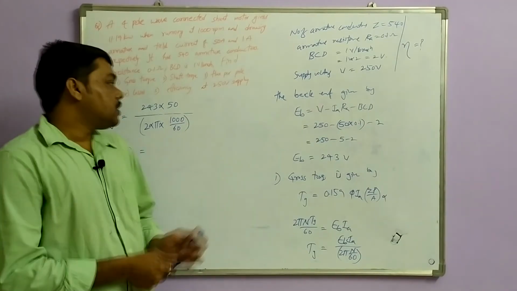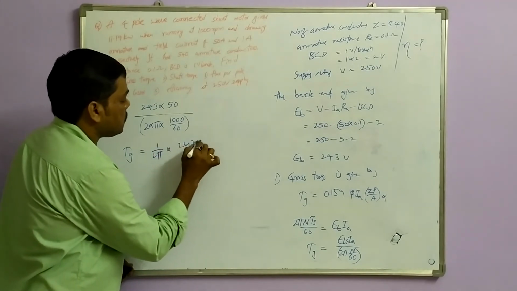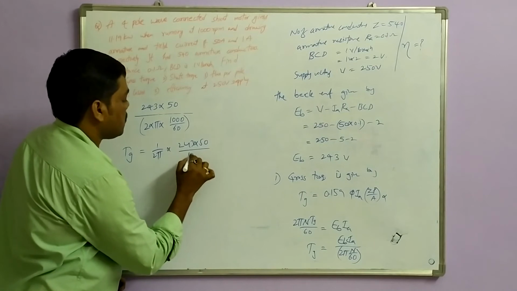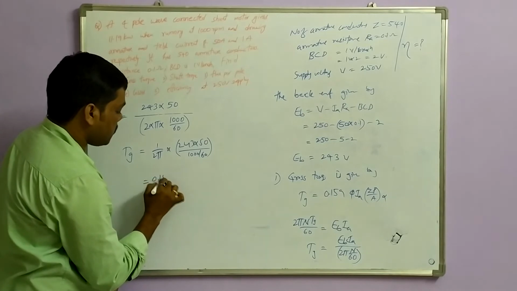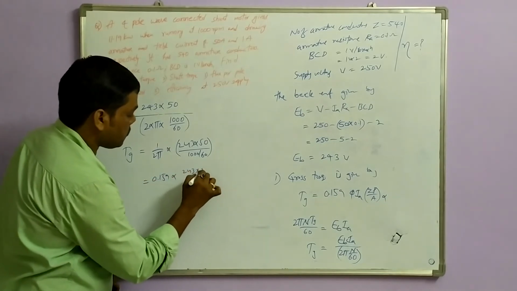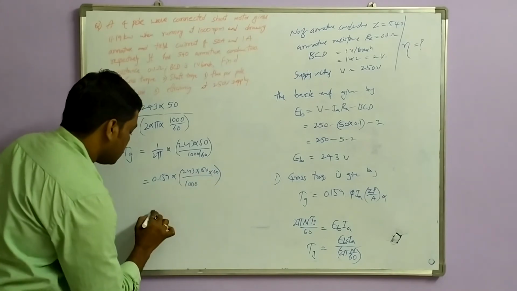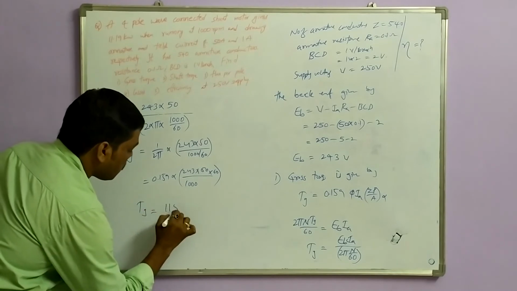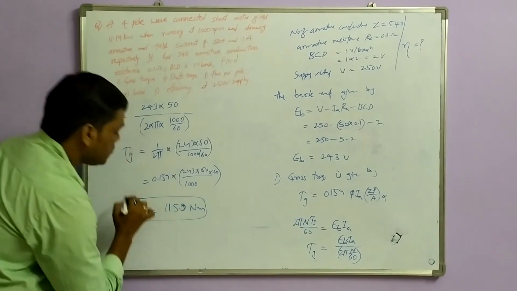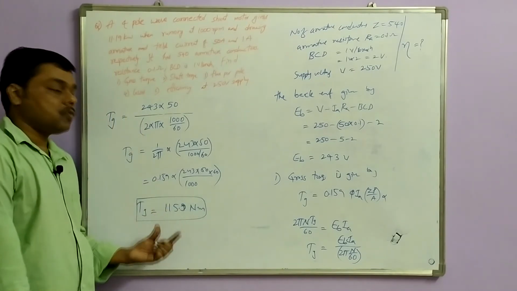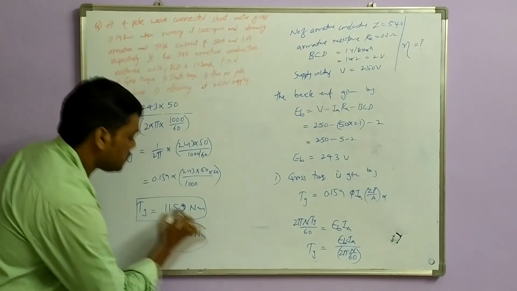So 1 by 2 pi is 0.159, giving 0.159 into 243 into 50 by 1000 into 60, which comes to 115.9 Newton meters. This is the value of the gross torque, approximately 116 Newton meters.